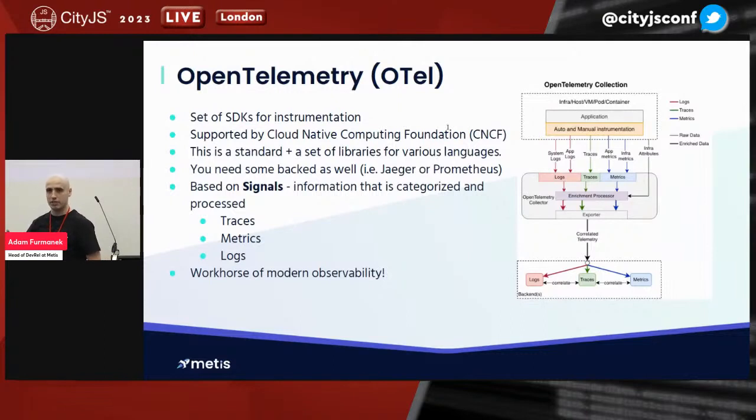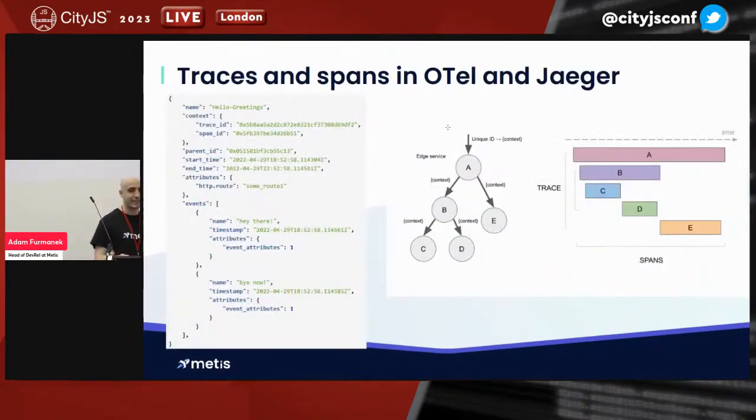OpenTelemetry is a set of standardized SDKs that you can drop into your application, whatever language you use, whether it's JavaScript, Python, Java, .NET, whatever. You have an SDK that works on the same standard and gives you those signals that are traces, metrics, and logs. And how you can use them is you build a thing that is called trace and span.